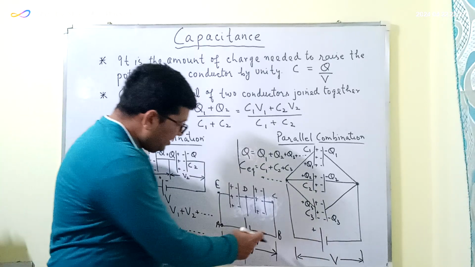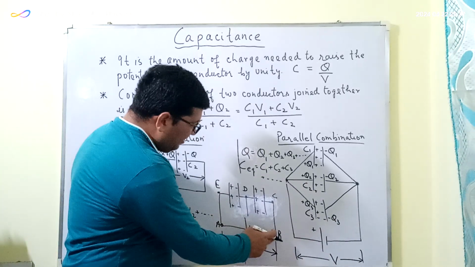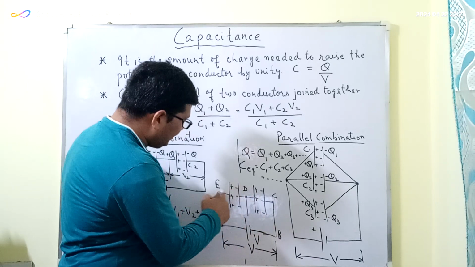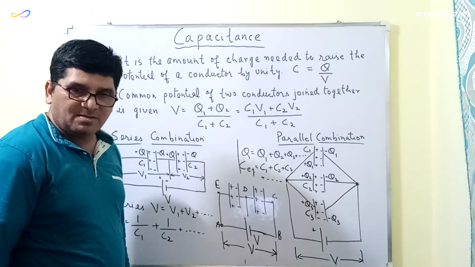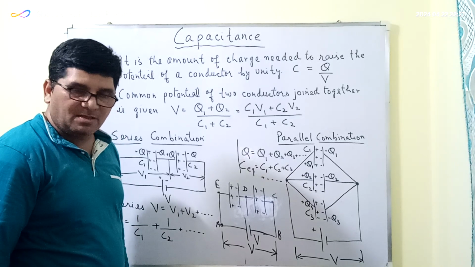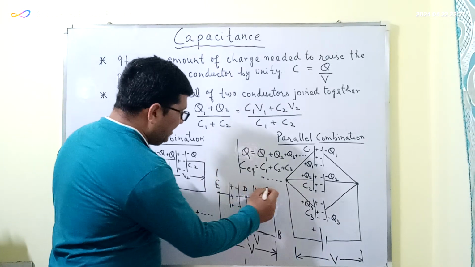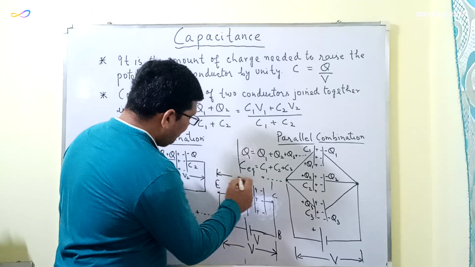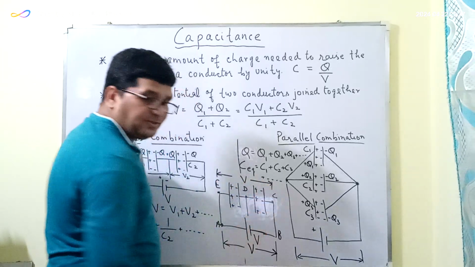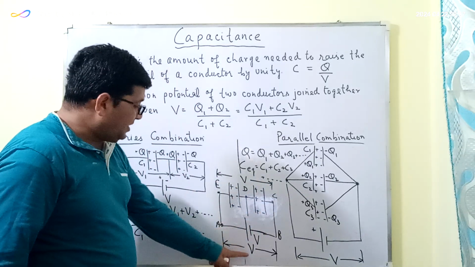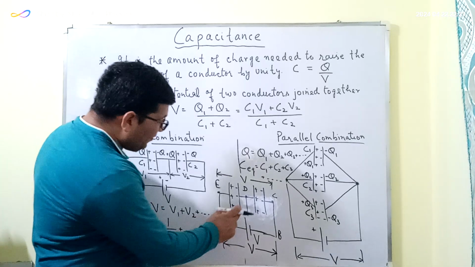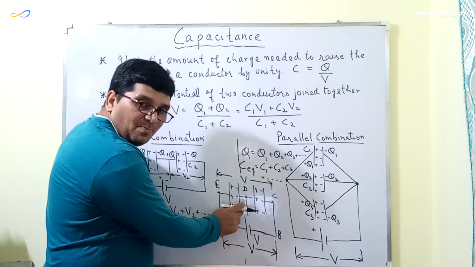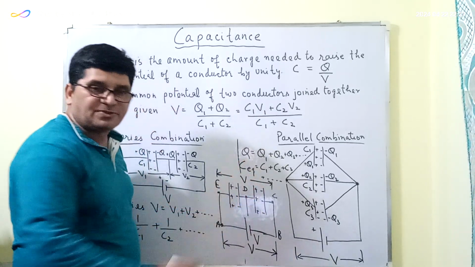Now, if the potential difference across AB is equal to V, then what will the potential difference across EC be? This will be equal to V. Now, in the case of series circuit, this potential difference V will be equal to the potential difference across this capacitor plus the potential difference across this capacitor.